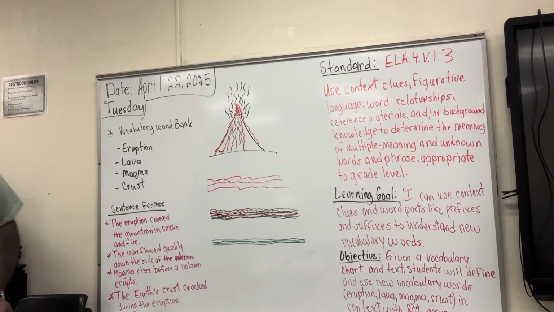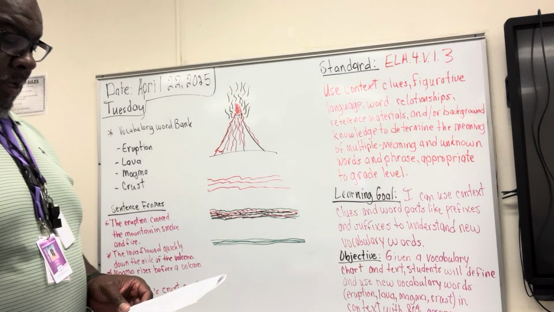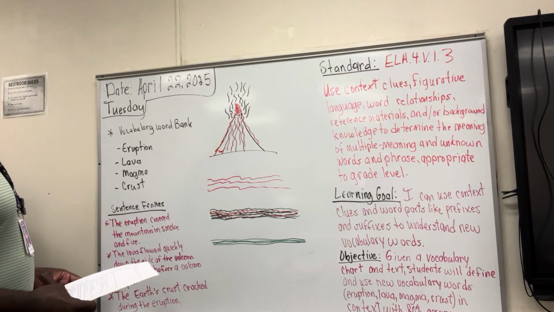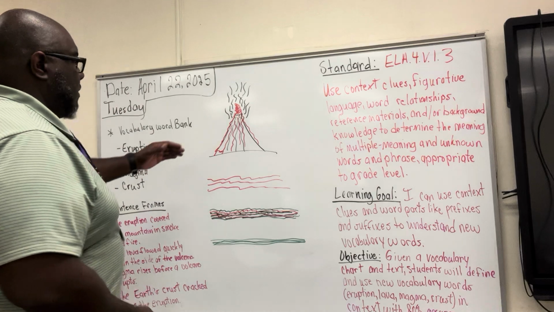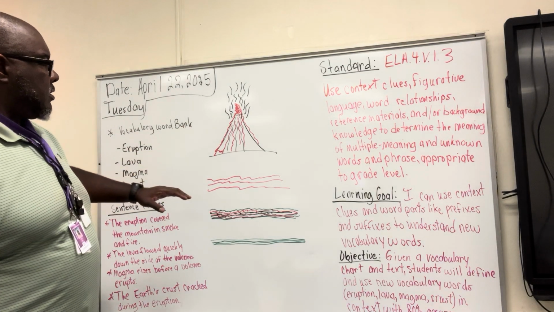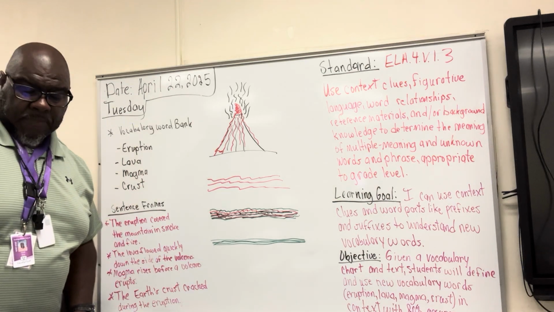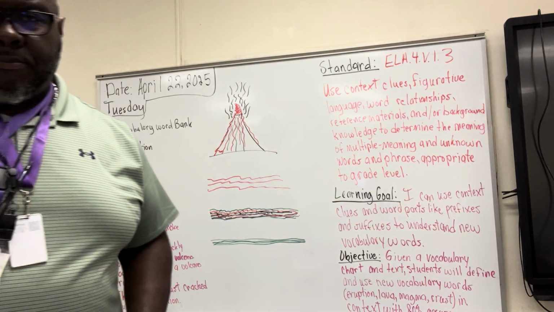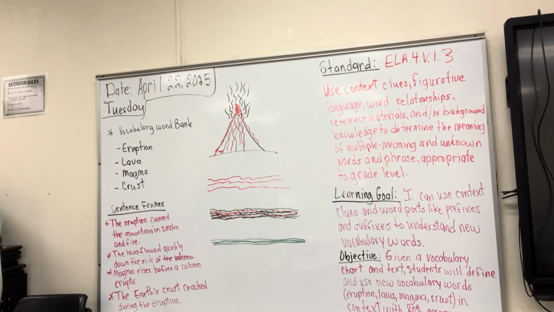What I want to do is, I've given you examples on the board of each one of the vocabulary words. I want you to take an opportunity to see if you can match them up with the drawing. I'm going to help you out.